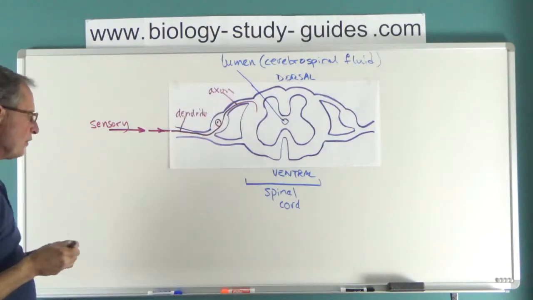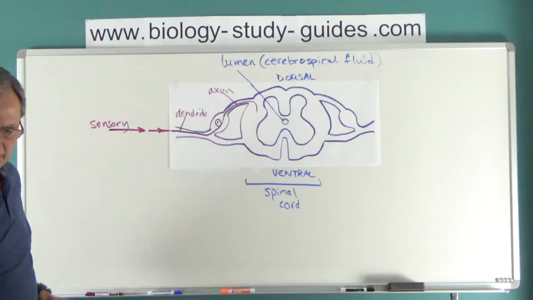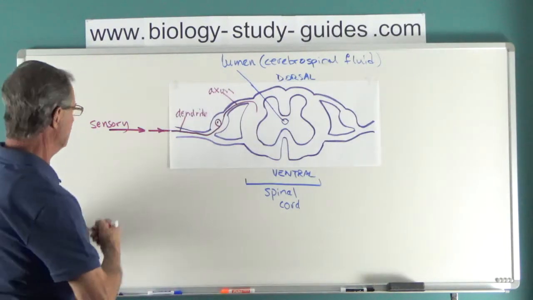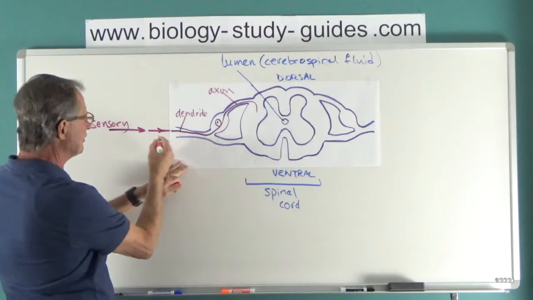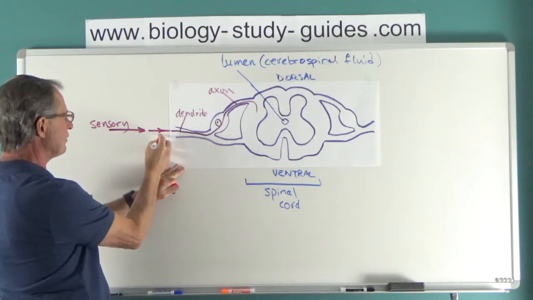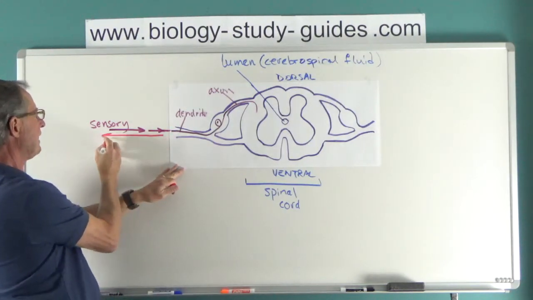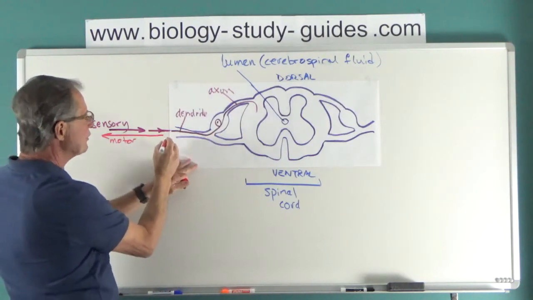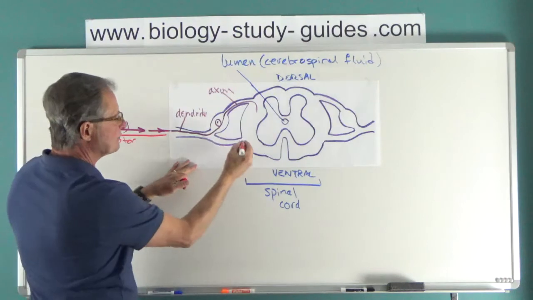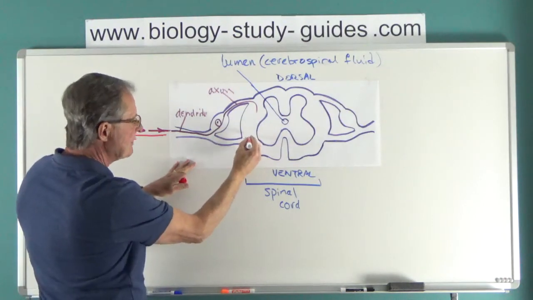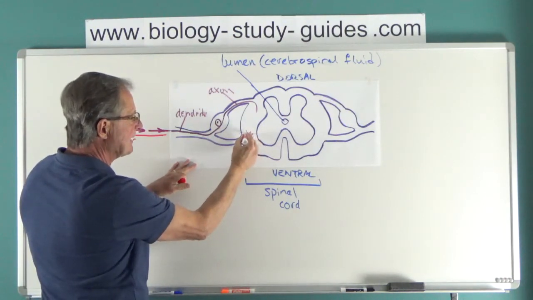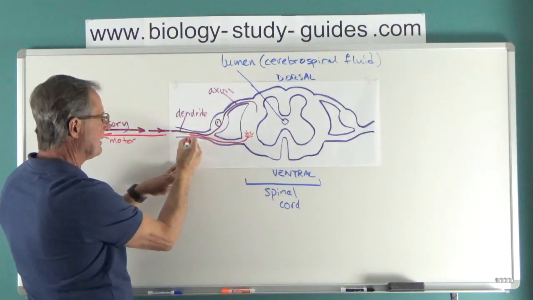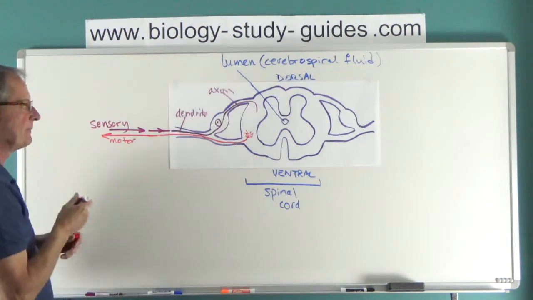In the case of a motor neuron, if we're talking about this as being a mixed nerve, we could also have a motor neuron taking an impulse out. The motor neuron comes from the central nervous system. Its cell body is inside here, and it travels out like that.